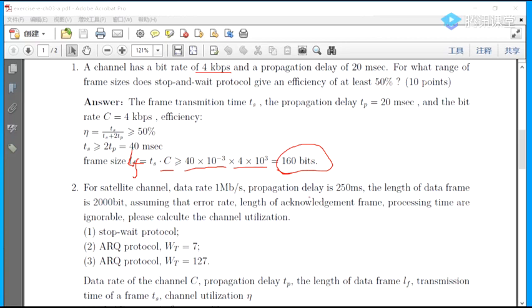Right? For example, if these questions emerge in the final examination but with different numbers, can you solve the questions?